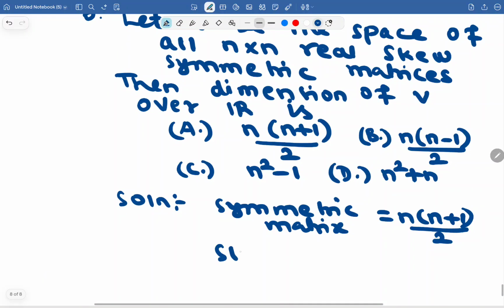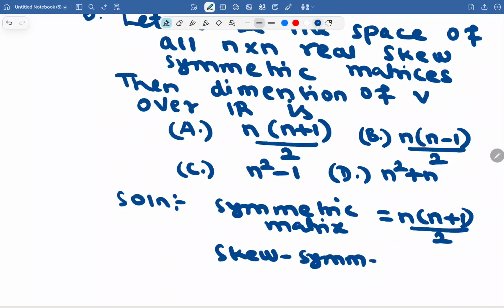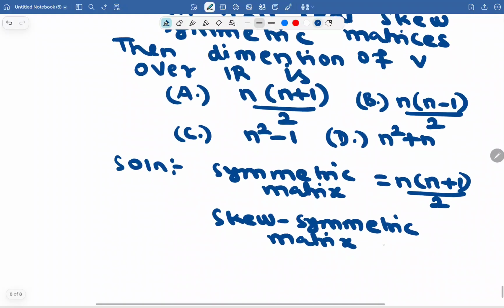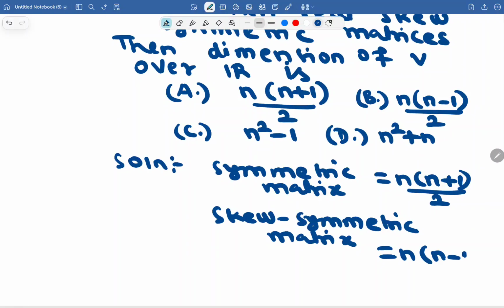For skew symmetric matrix, dimension is n into n minus 1 by 2. Option B is the correct.